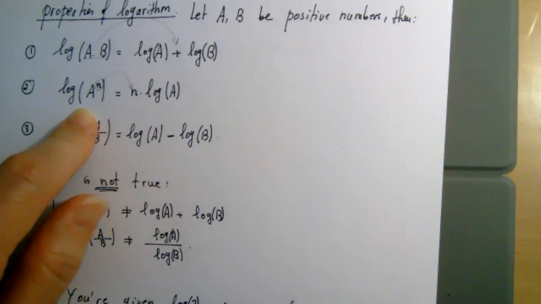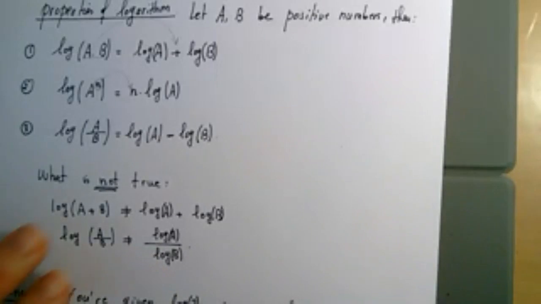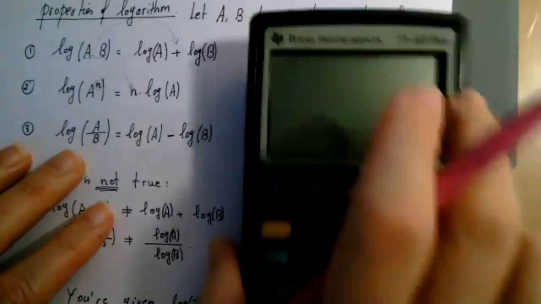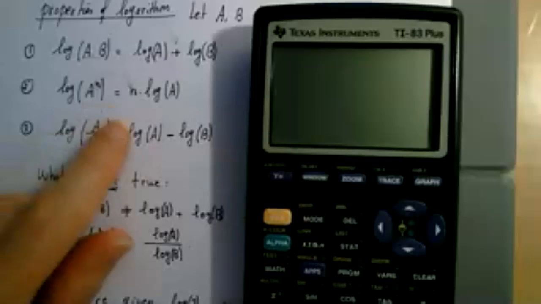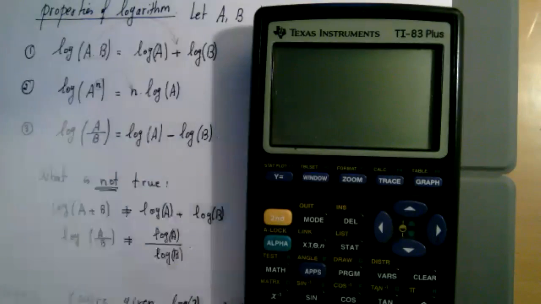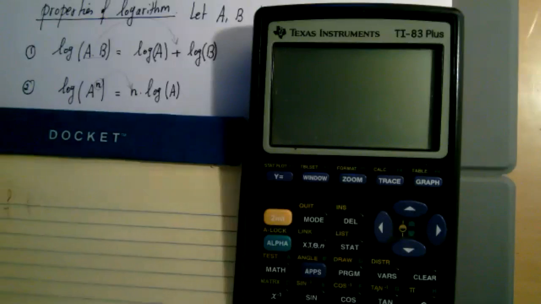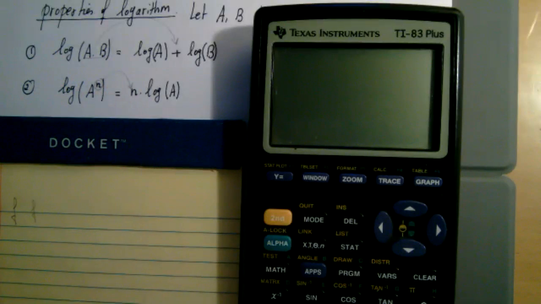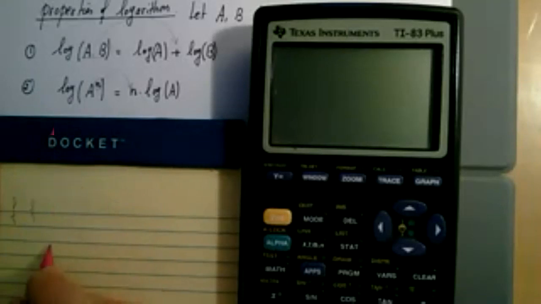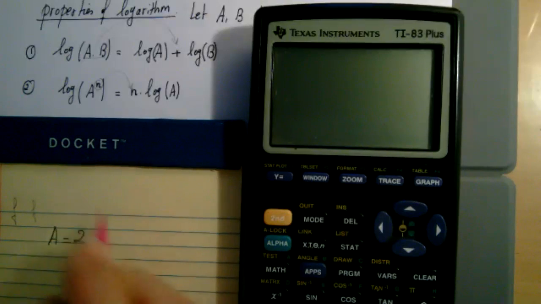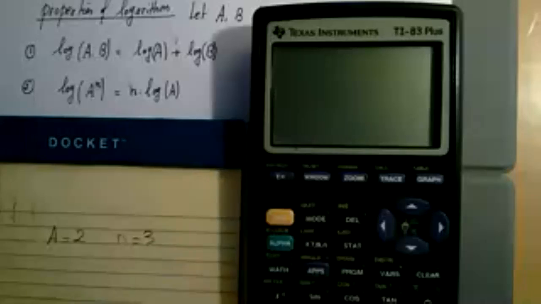Okay, so for example, let's use the calculator, at least to convince you, nothing more than that. Let me take a piece of paper and let us play a game for property 2. Suppose I take A to be 2 and N to be 3.